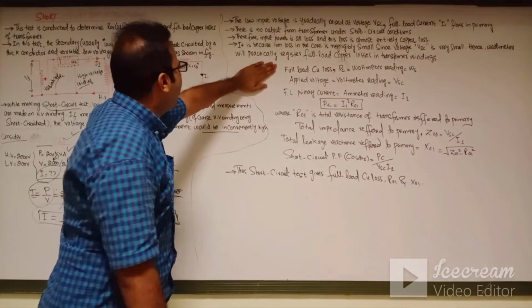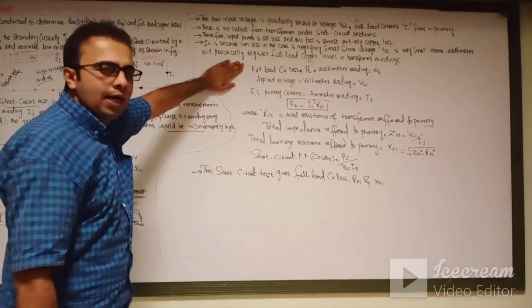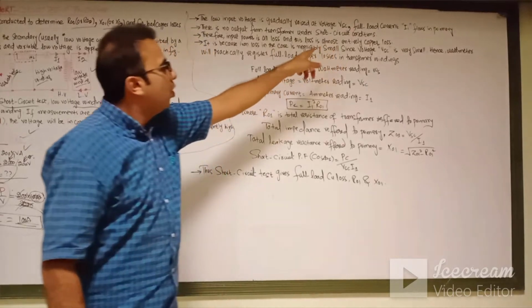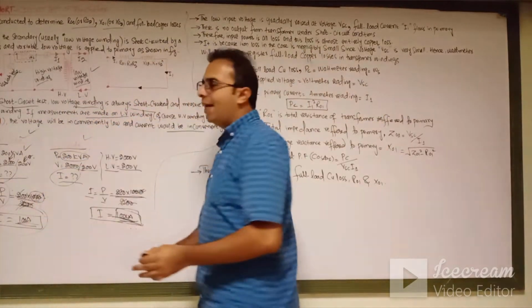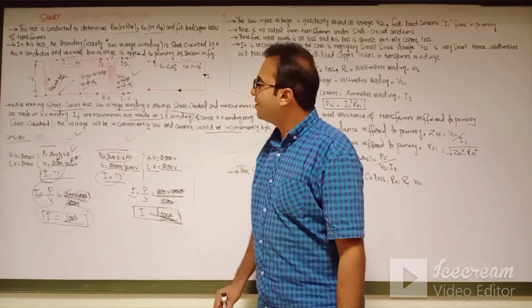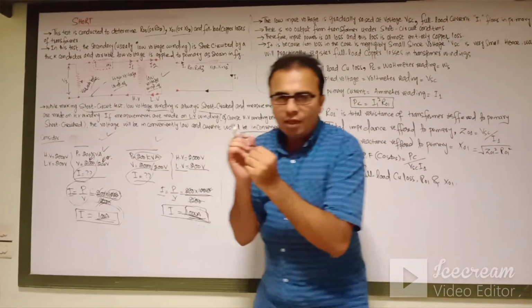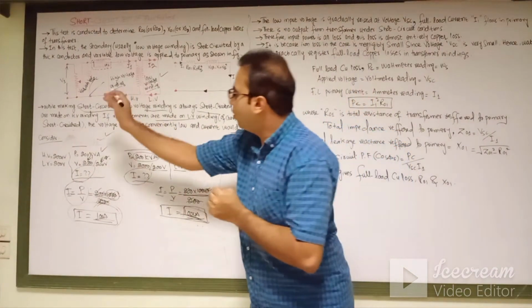Okay, now see these points. The low input voltage is gradually raised to the voltage VSC, until full load current I1 is flowing from the transformer. As you can see from the diagram, this is the variable autotransformer that is connected with the supply. We are gradually increasing the applied supply voltage on the transformer.